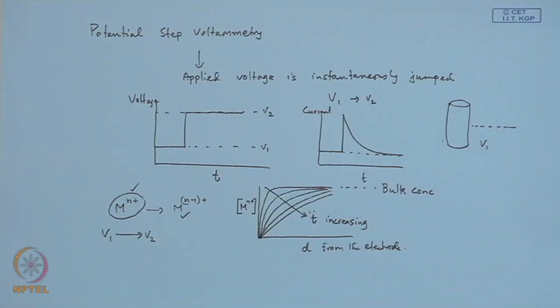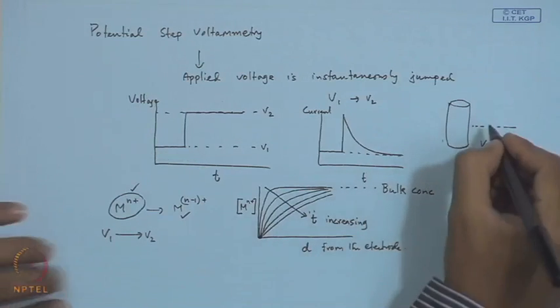Okay. As the electrolysis continues, the material can diffuse further from the electrode, and therefore the concentration gradient drops. As the concentration gradient drops, the supply of fresh reactant to the surface, and therefore the current, also decreases.